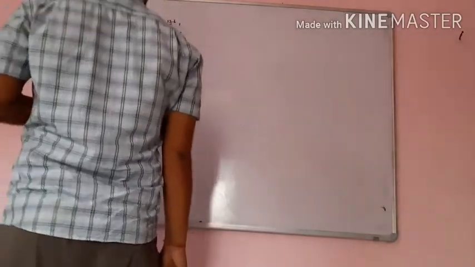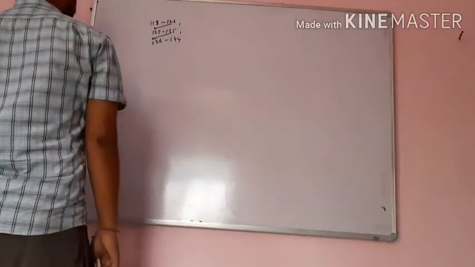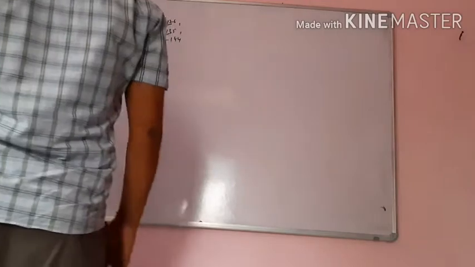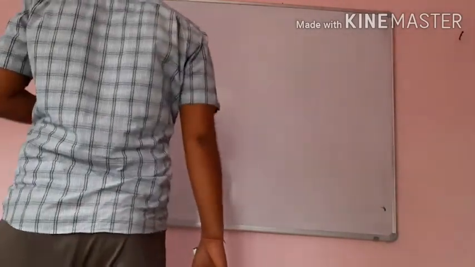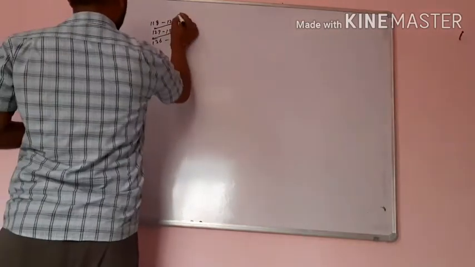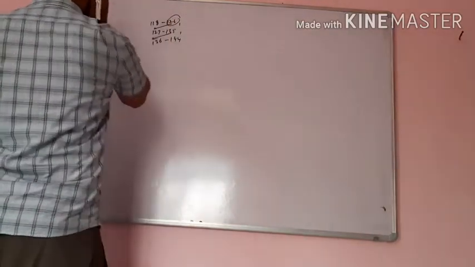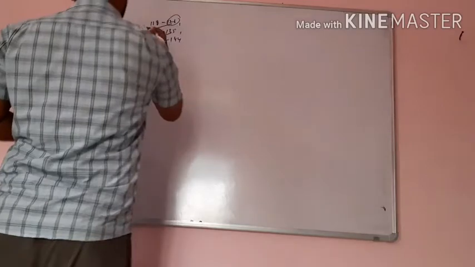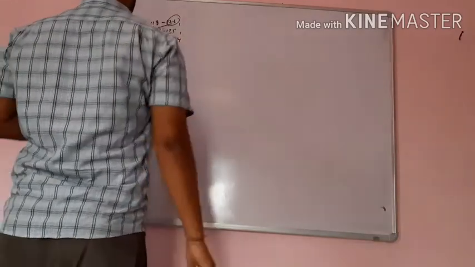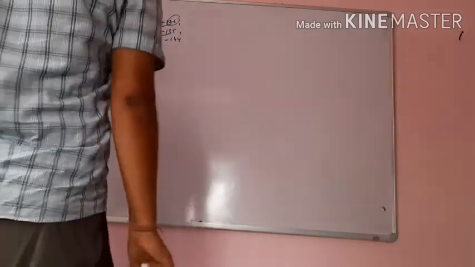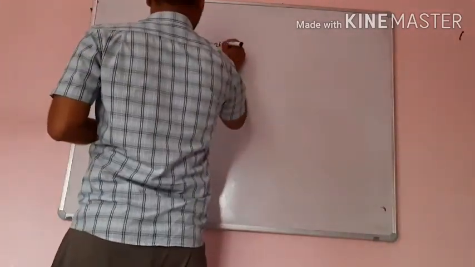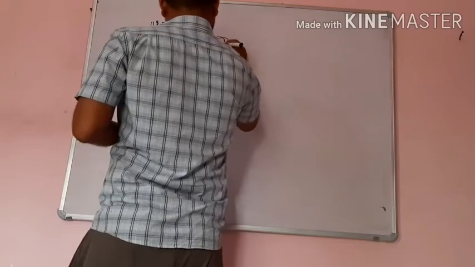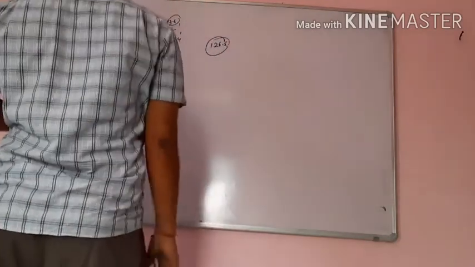So our data is not in continuous form, meaning where one ends, from there the next should start. Here the first interval ends at 126 and the next starts at 127. Suppose the data value comes to 126.5, then where will it lie?